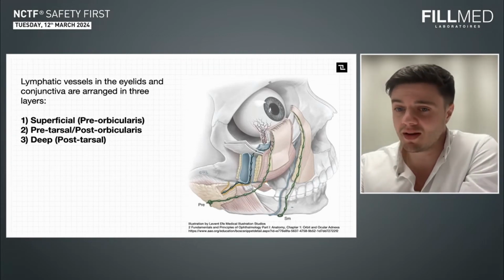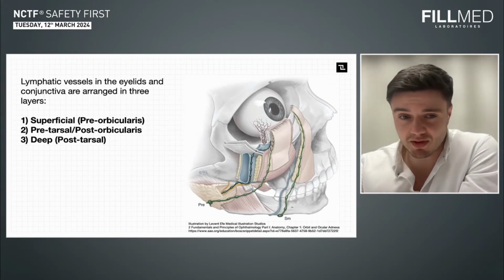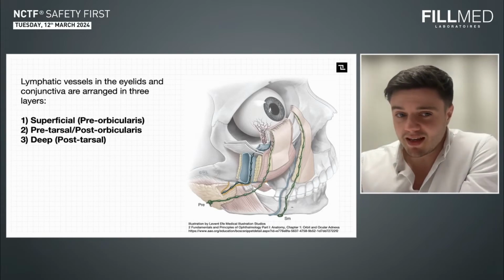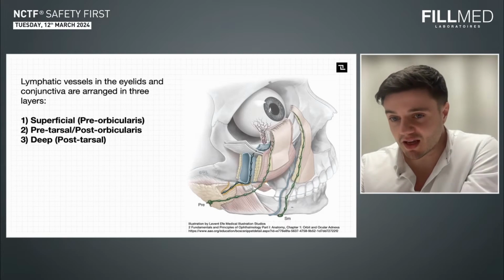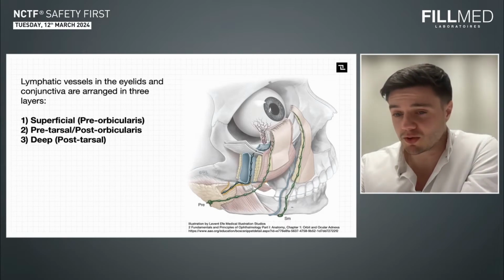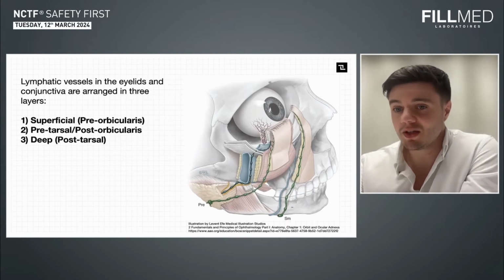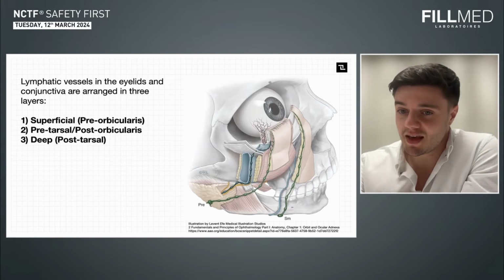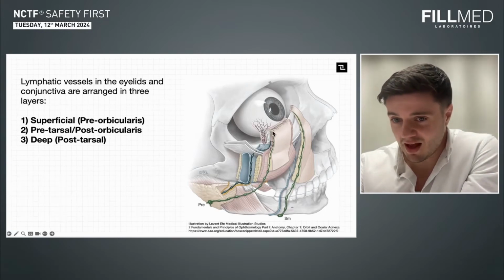The second one is below the orbicularis oculi muscle, and the third one is in the depth. So basically, for aesthetic injectors, only the first and the second one, so the superficial and the postorbicularis lymphatic system, should be a concern.